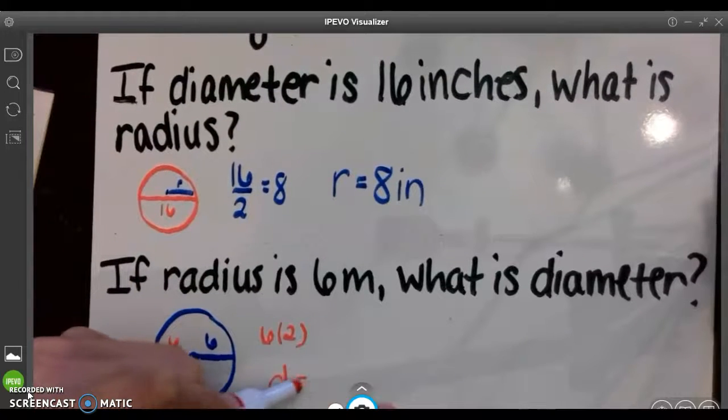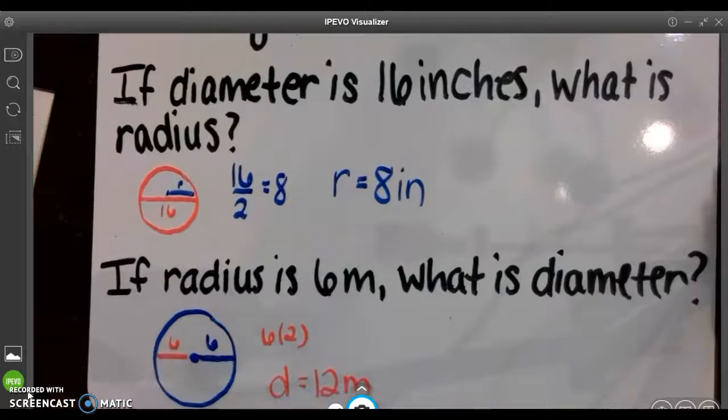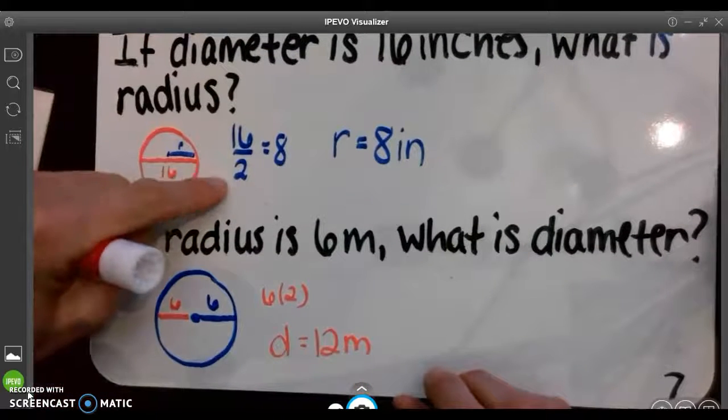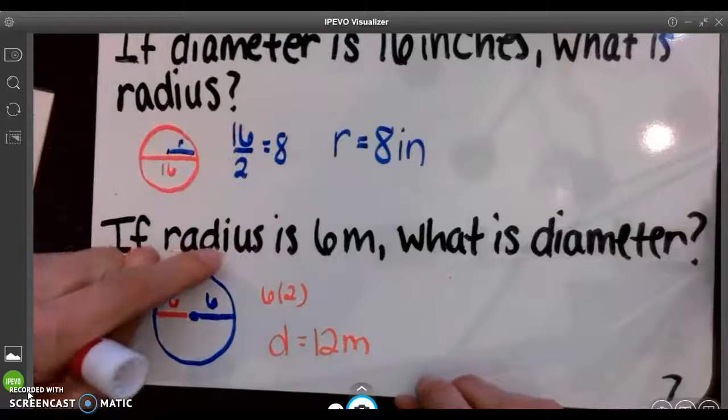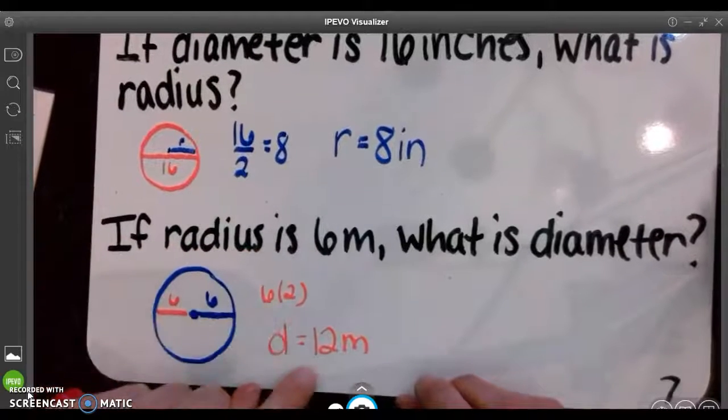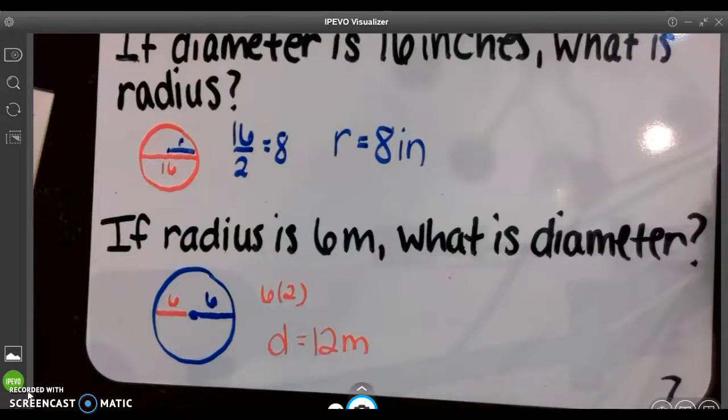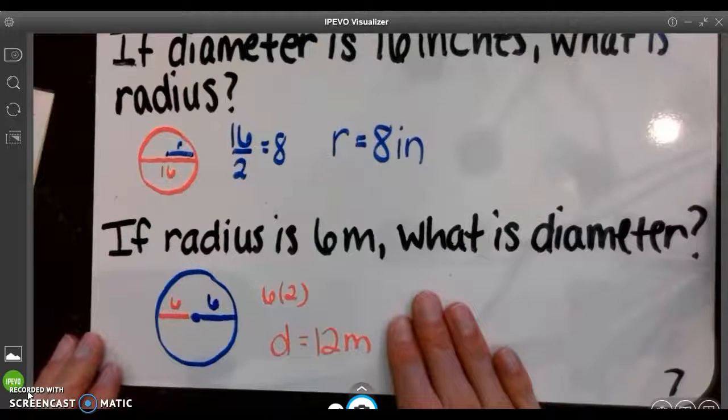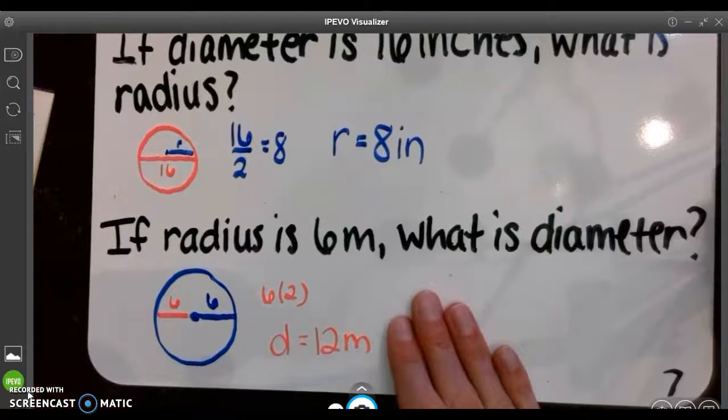So my diameter is 12 meters. So we're either taking diameter and dividing by 2 to get radius, or taking radius and multiplying by 2 to get diameter. And those should be the only types of problems that you see where you have to do math in this section of IXL, and the rest is just identifying the parts of a circle.